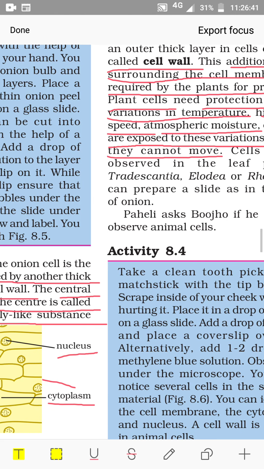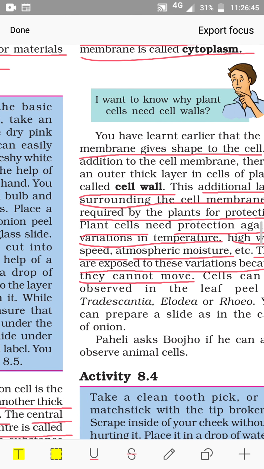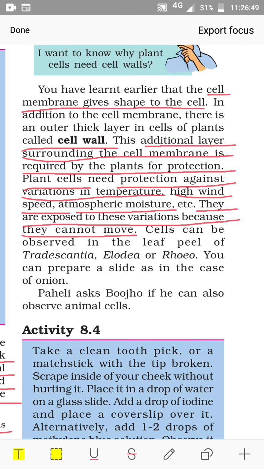Here you see, the cell membrane gives shape to the cell. Already you have discussed about this.